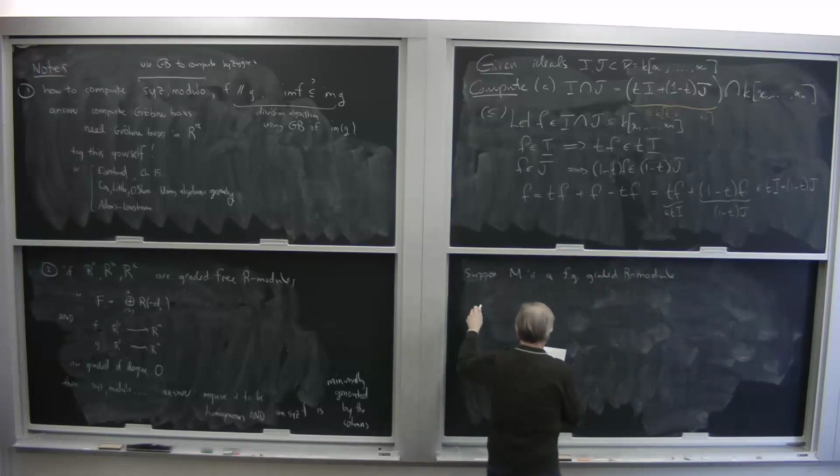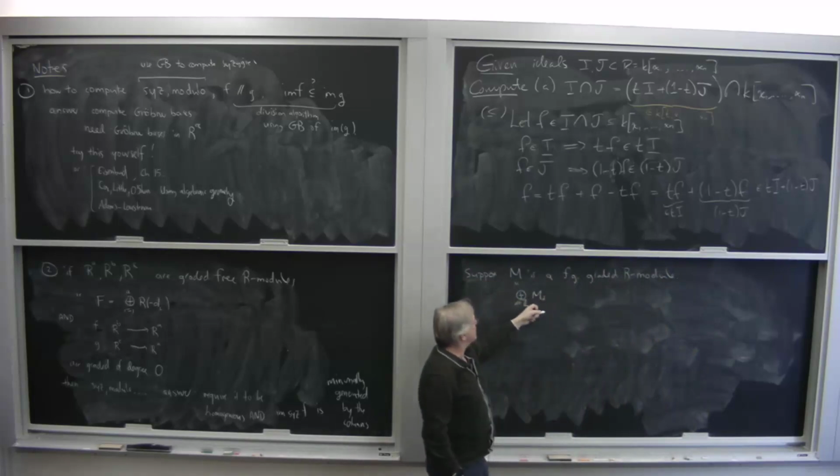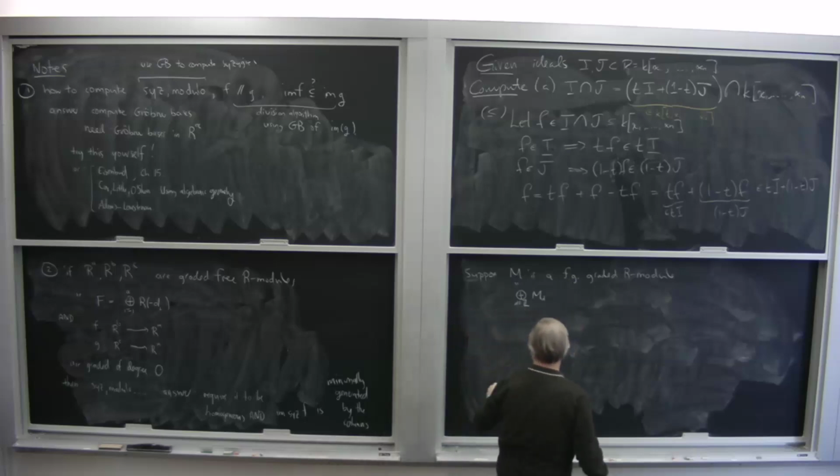Okay, and then what we have here is that this is the direct sum over M_d for d in Z, or something like that. It's finitely generated though, so you can't go negative as far as you want. There will be some minimal degree d in there if M is finitely generated.